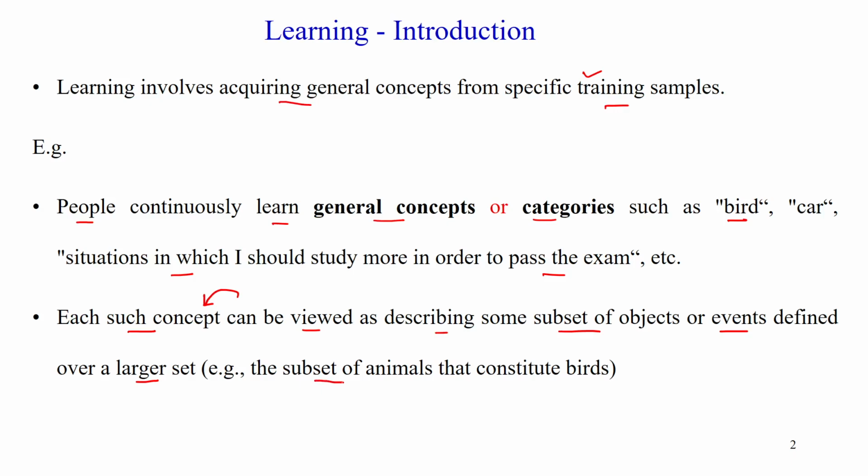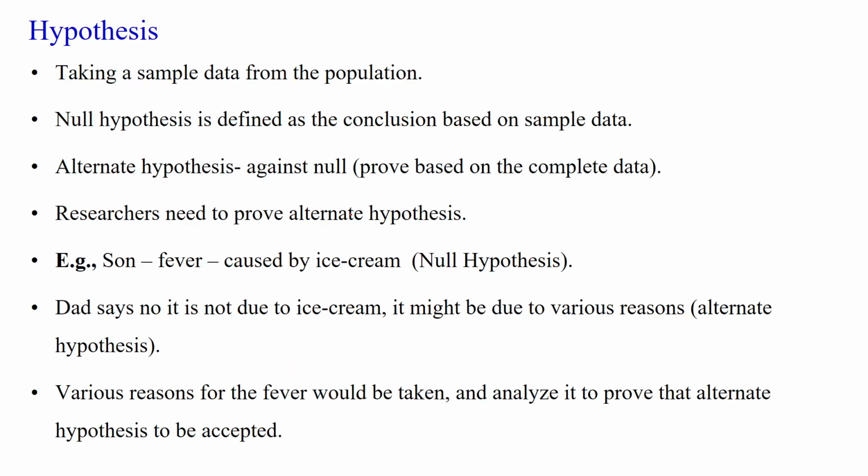That is the subset of animals that constitute birds. Like that, a large set of vehicles constitutes car. The large set of exams he has written constitutes the particular exam where he wants to score more marks to get a high grade. So like that, here there is one concept hypothesis.